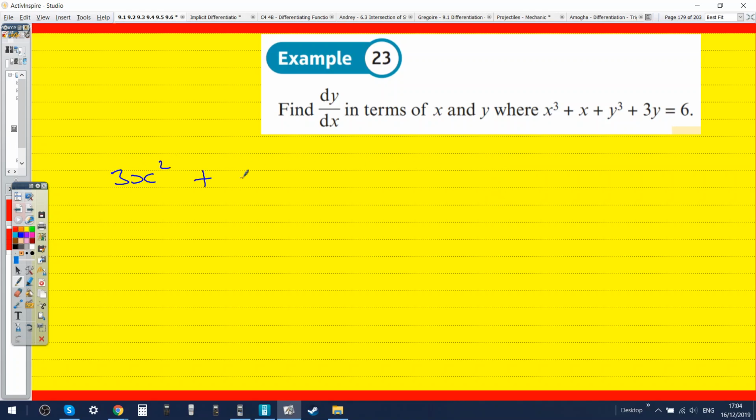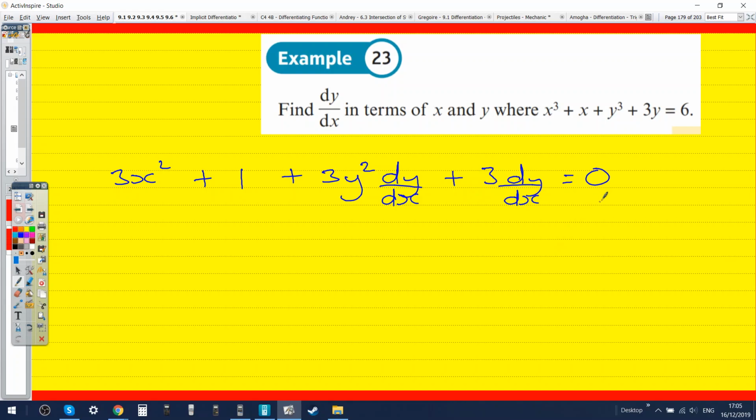Plus 1. Yeah. What about this in terms of y? Derivative in terms of y, what would it be? 3 dy by dx squared. No, just in terms of y. Imagine it was an x, what would it be? 3x squared. So 3y squared. So it's 3y squared and just put a dy by dx after it. Okay. Next one. And then 3 dy by dx is equal to 0. Yes.